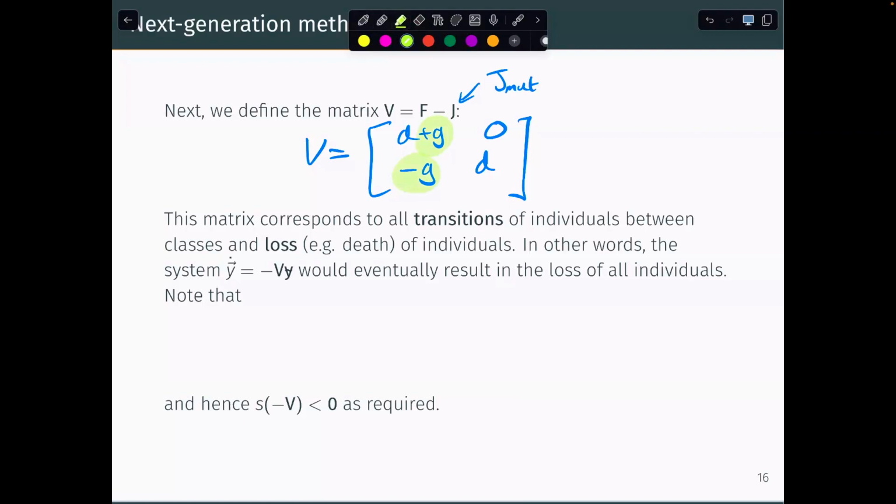And then we've got death of individuals, these D terms. So this V matrix is always going to be containing transitions and loss of individuals, which in a biological context is going to be, in this case, death. In a more general model, it could be something like migration out of a population, and they just leave a population, we don't care about them anymore. So that's why it's called loss, rather than always necessarily being death.